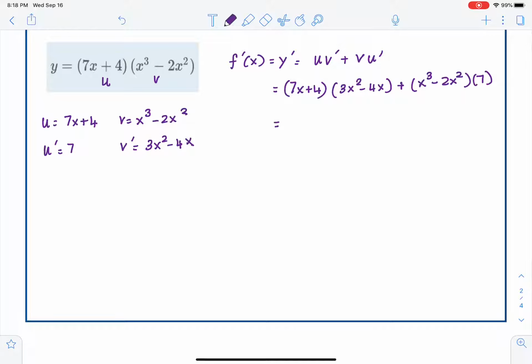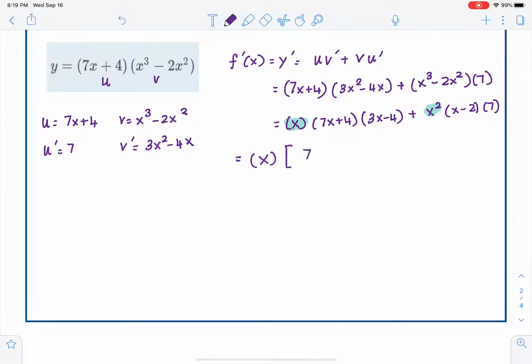So we have an x in common, so over here in the first term, so x times (7x plus 4) multiplied by (3x minus 4) plus x squared times (x minus 2) times 7. There is an x in common between those two terms, so if we pull that x out, we have (7x plus 4) times (3x minus 4) plus 7 times (x minus 2).